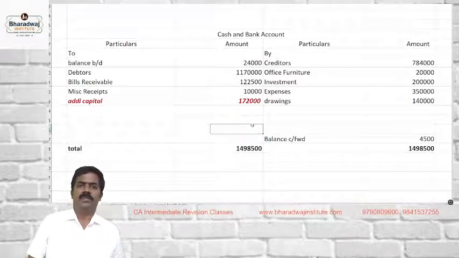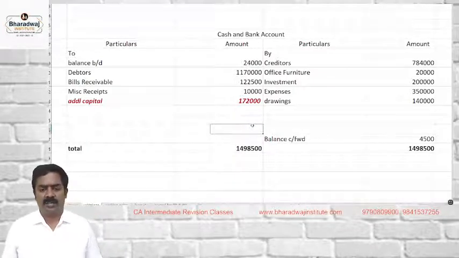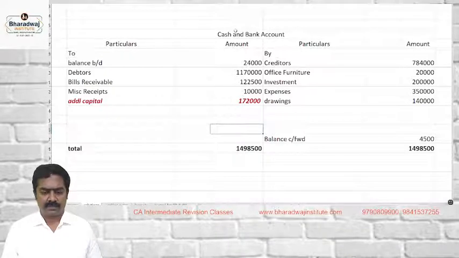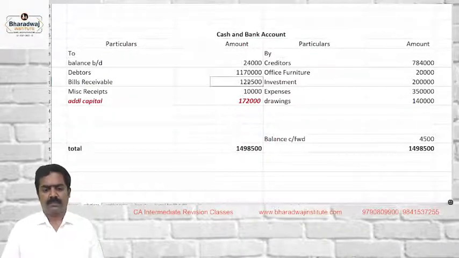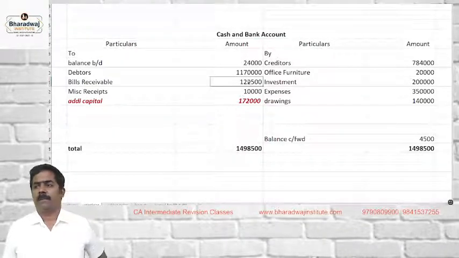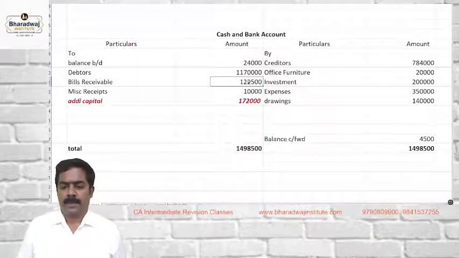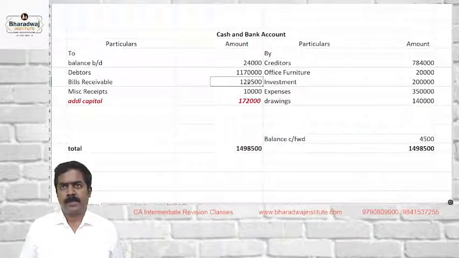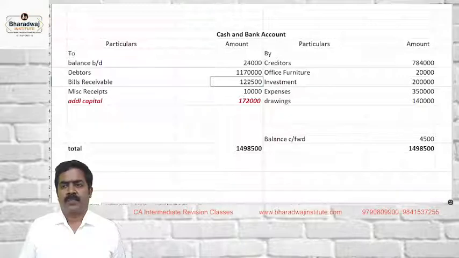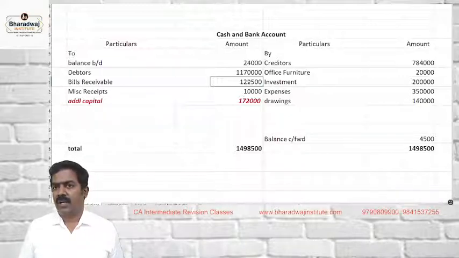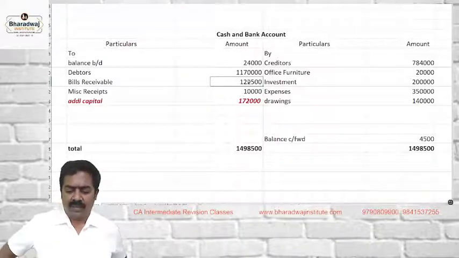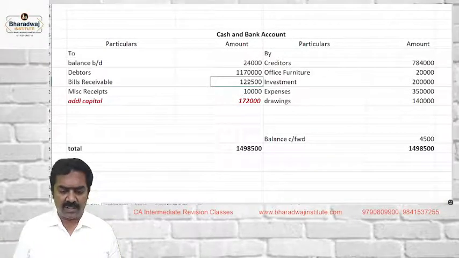Accrued income will come, same like the earlier problem we worked out. Then start with which account next? Trading P&L account. You can start with trading P&L account.